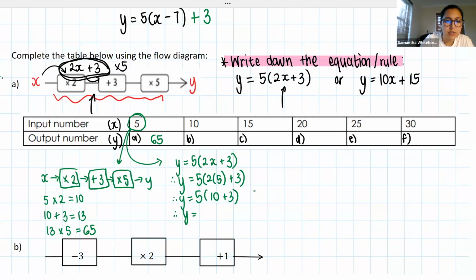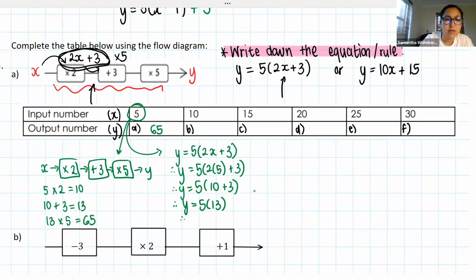As we've established, 10 plus 3 is 13. And so, as we've already said, 5 times 13 is 65. Like I said to you earlier, whether you use the flow diagram or the equation, it doesn't matter. It's up to you, okay? The equation came from the flow diagram, so it's the same thing, whatever you're more comfortable with.